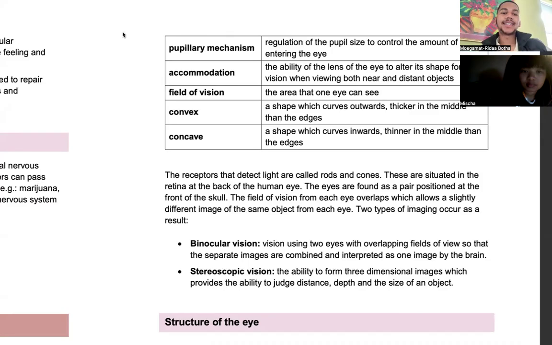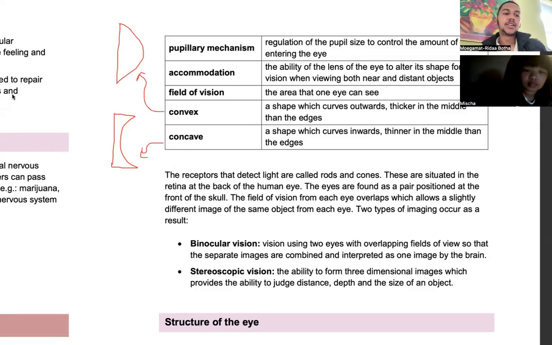If you're looking from this side, convex is like that. And then concave is more something like that. It's more inwards, it's caved in. That's concave, a shape which curves inwards, thinner in the middle than the edges. So this is concave, and that is convex.